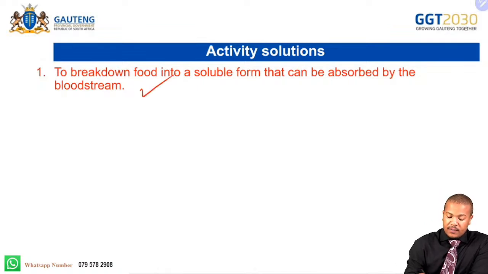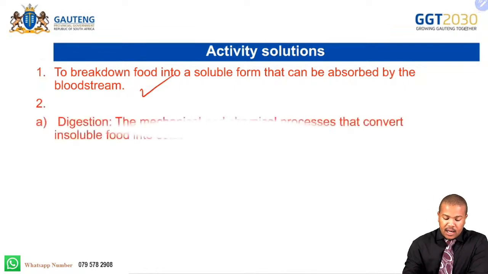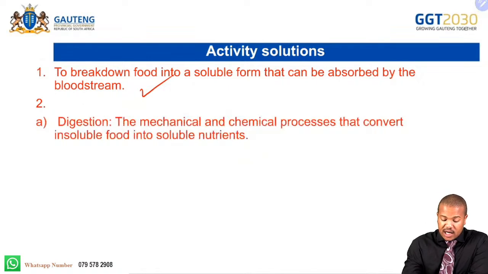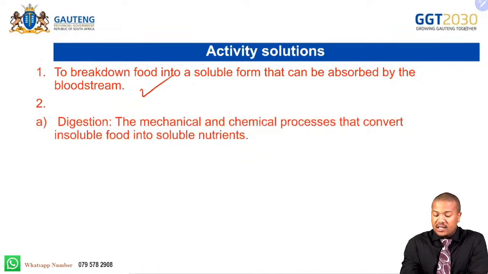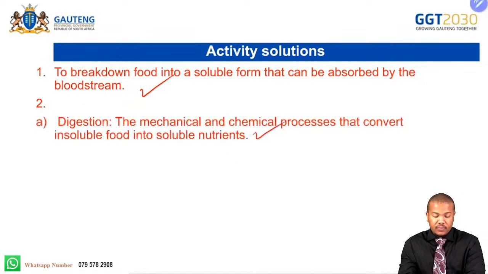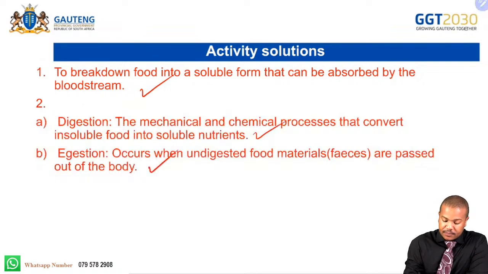When you mark your work, then number two. A, digestion, is the mechanical and chemical processes that convert insoluble food into soluble nutrients. That's what happens in the stomach. Then B, egestion, occurs when the undigested food materials, which are feces, are passed out of the body.